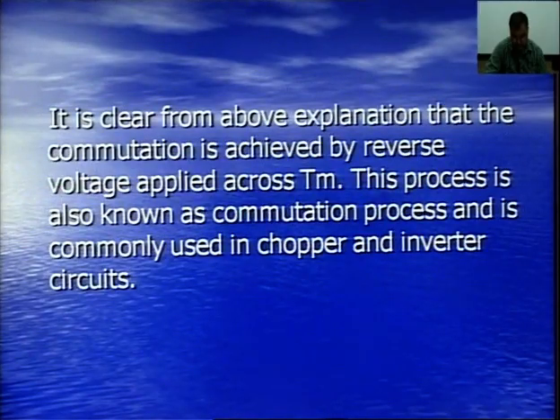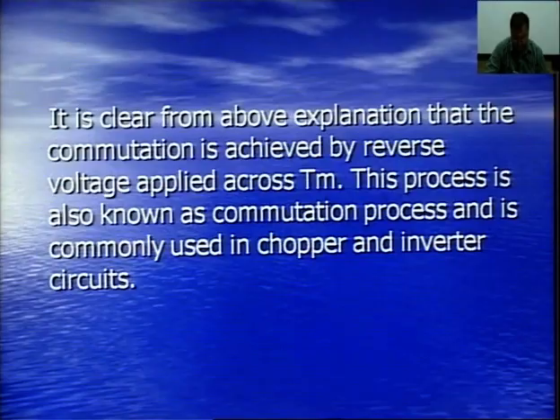These connections are used for high voltage operations. Now suppose V1, V2 and V3 are the respective voltage ratings of T1, T2, T3, then the voltage rating of the string V will be the algebraic sum V1 plus V2 plus V3. The string voltage can be increased further by connecting more thyristors in the string.